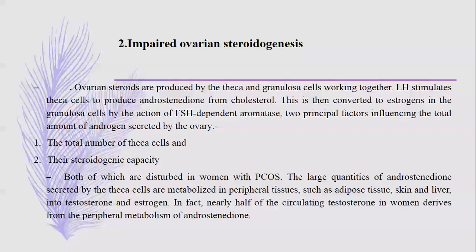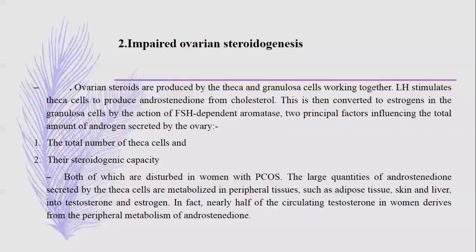First, LH, which is secreted from the pituitary gland, will stimulate the theca cell to produce androstenedione from cholesterol. Cholesterol is present in the theca cell, and the LH will stimulate the theca cell to convert this cholesterol to androstenedione. Then it will be converted to estrogen in the granulosa cell. This all works together.